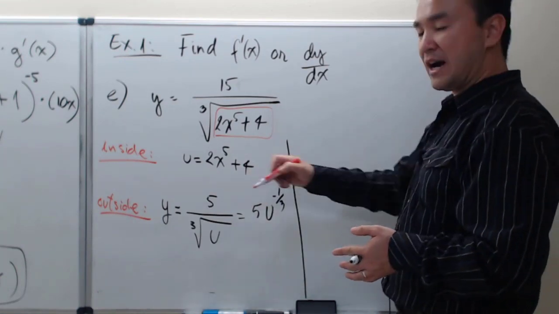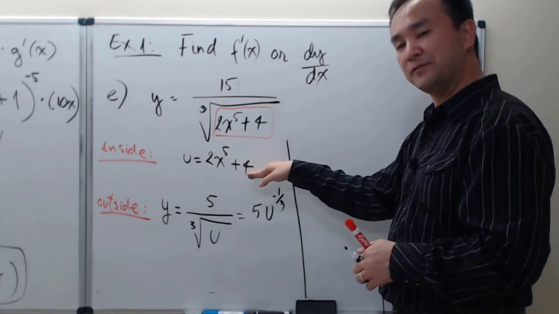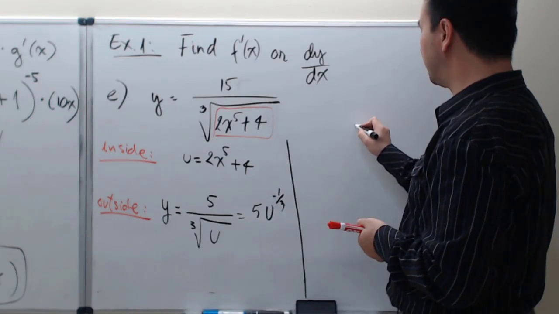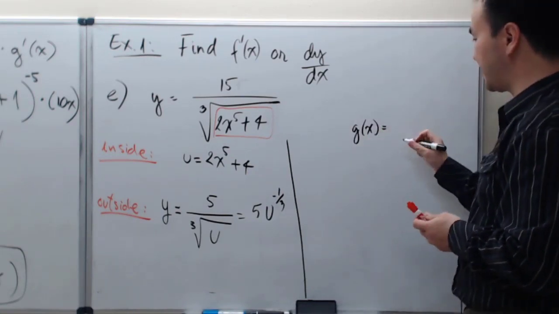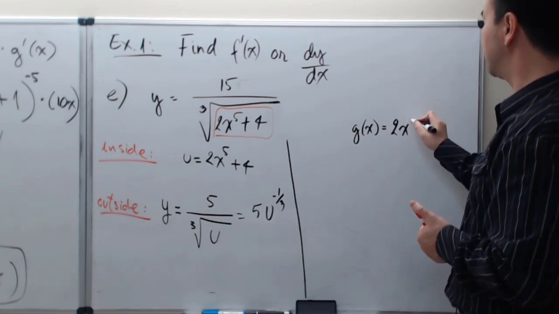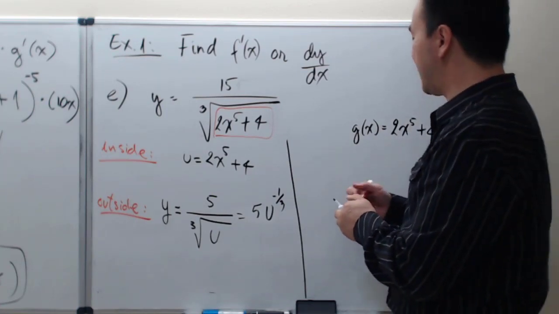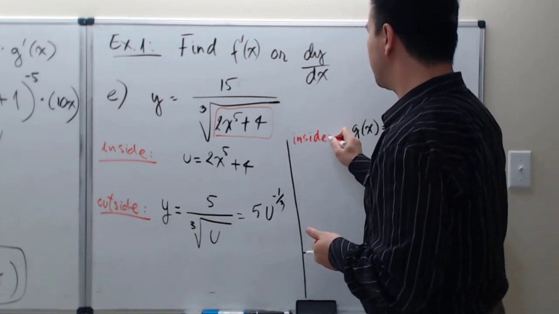So same way here. Once we decided to choose 2x to the fifth plus 4 as our inside function, then we can also have another style of writing your inside function as a g of x function. So g of x here is 2x to the fifth plus 4, and this is the inside function.